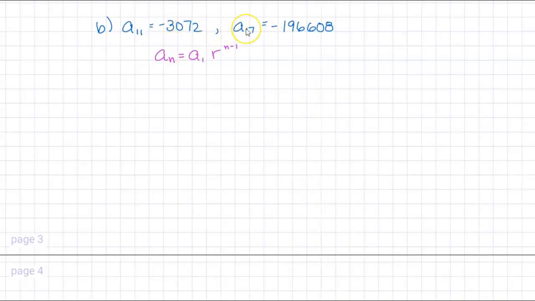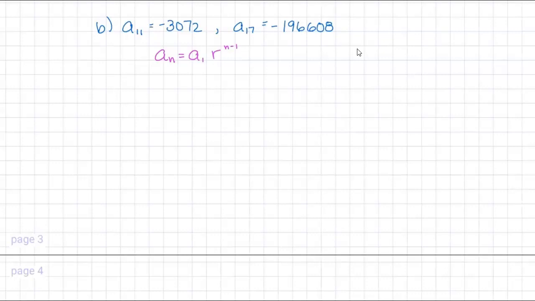When you're making your system of equations, I find it always easiest if you put the bigger term number over the smaller term number. It has nothing to do with the term value, the term number. 17 is bigger than 11.